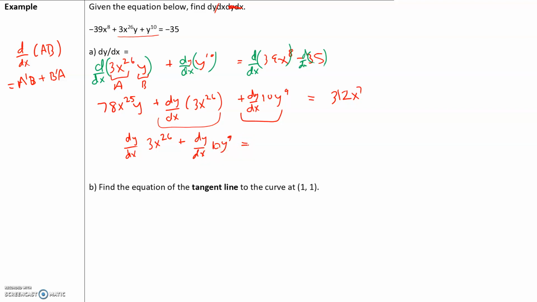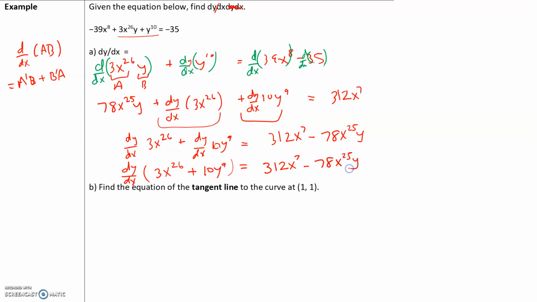This is going to go to the right, so this is going to give me 312x to the 7th power minus 78x to the 25th y. And now I can factor out a dy/dx. If I do that, I'm left with 3x to the 26th plus 10y to the 9th, and that equals 312x to the 7th minus 78x to the 25th y.